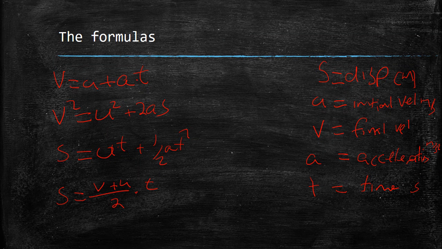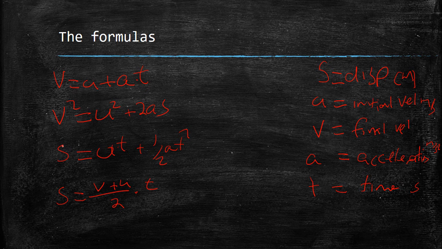So let's go through these equations one by one now, just to get a rough idea of what they're saying. This first one is saying that the final velocity of an object is equal to its initial velocity plus its acceleration times time. The second equation is saying that the final velocity squared of an object is equal to the initial velocity squared plus 2 times the acceleration times the displacement.